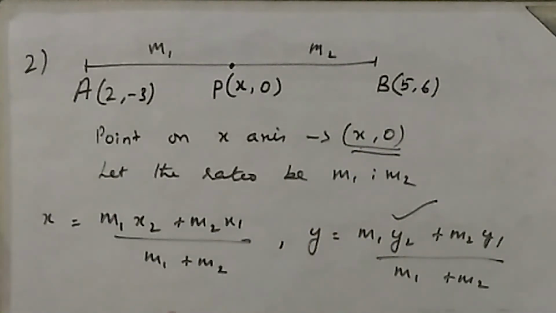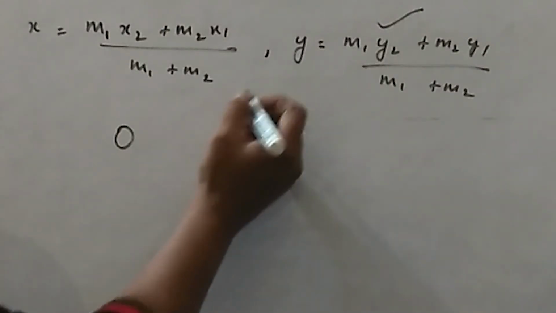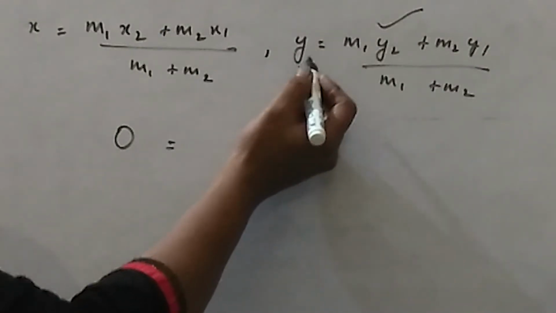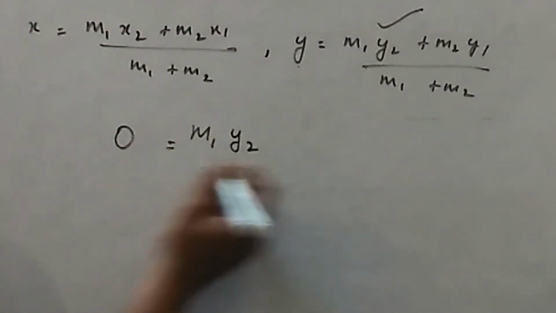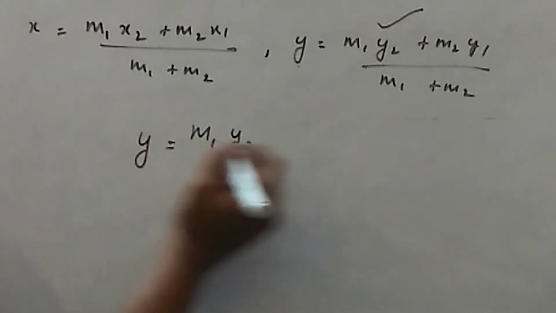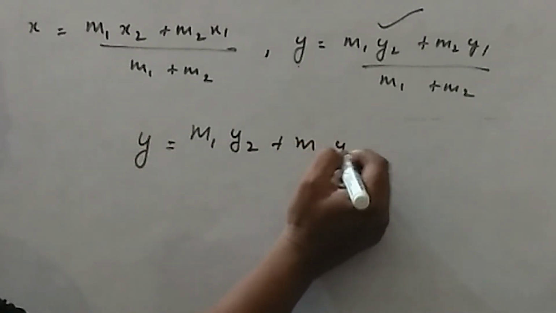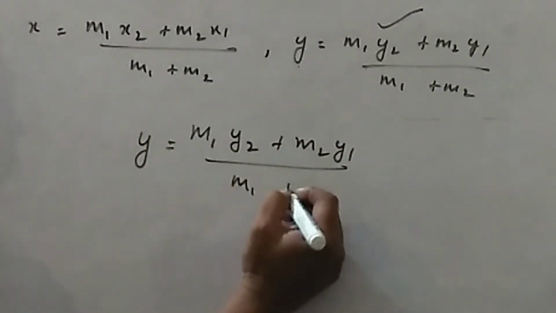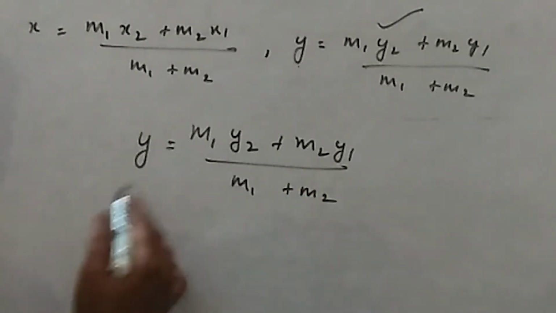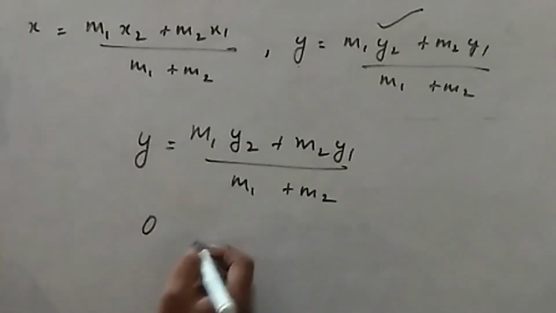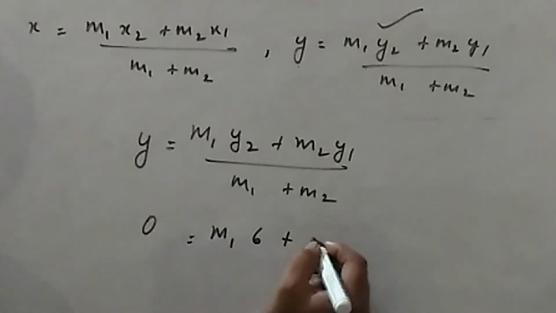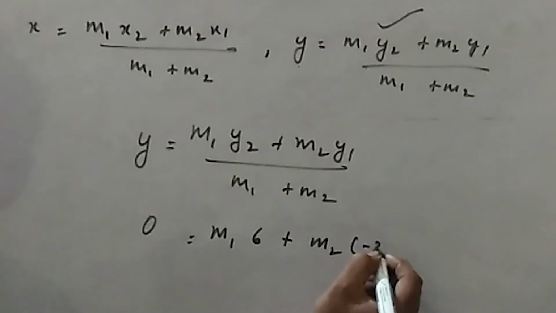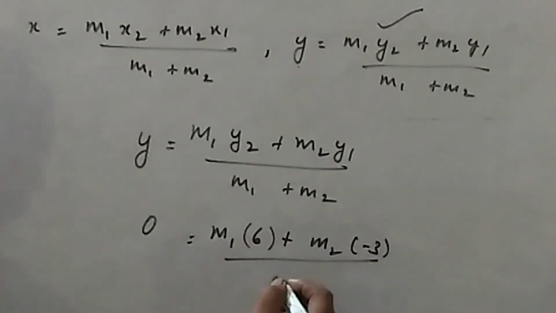So I am taking y value 0, so 0 is equal to (m1 y2 plus m2 y1) upon (m1 plus m2). Now put the values: y is equal to 0, and m1 into 6 plus m2 into minus 3 upon m1 plus m2.